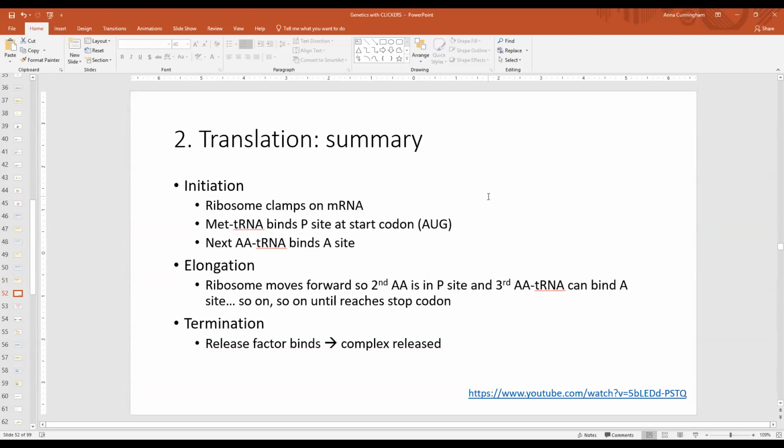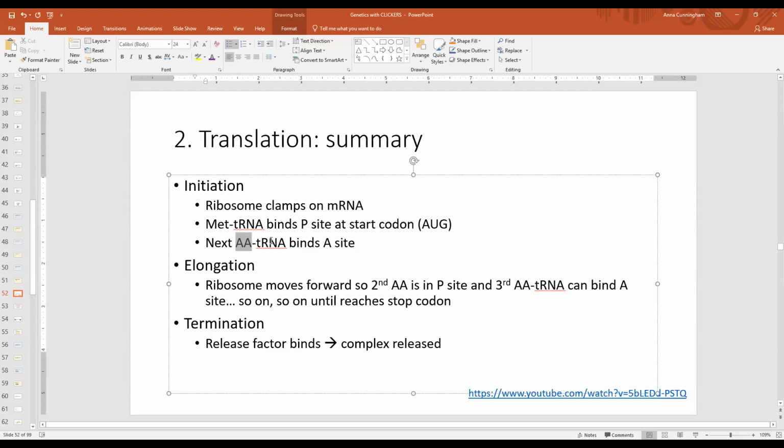That binds in the P site. And then all subsequent amino acid carrying tRNAs will bind in the A site. That's what I'm talking about when I say AA tRNA. It's just amino acid carrying tRNAs. Because that start codon codes for methionine, it's the methionine carrying tRNA that binds to the P site, and all subsequent amino acid carrying tRNAs bind to the A site.